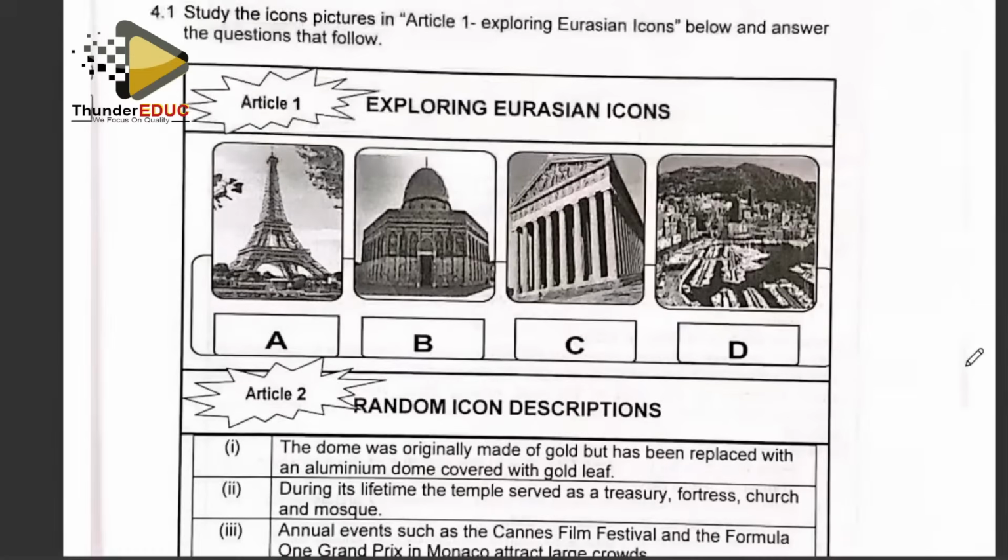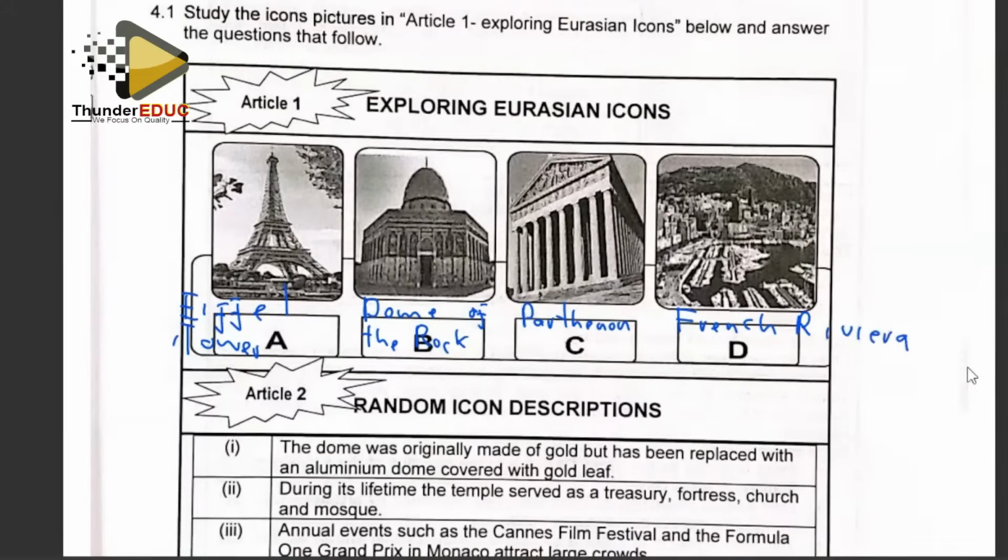So this is straightforward. This is known as the Eiffel Tower, located in Paris. Then this one, the Dome of the Rock. Then the next one is known as the Parthenon. Then this is known as the French Riviera.